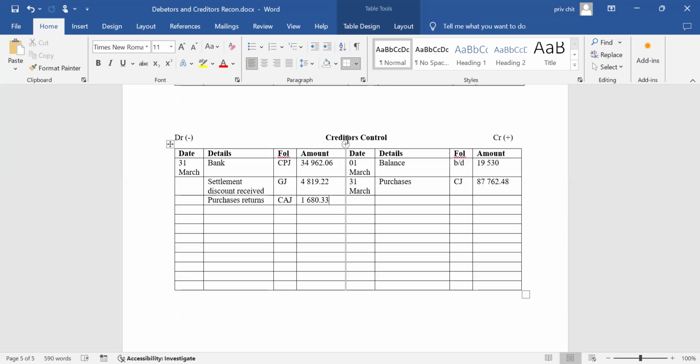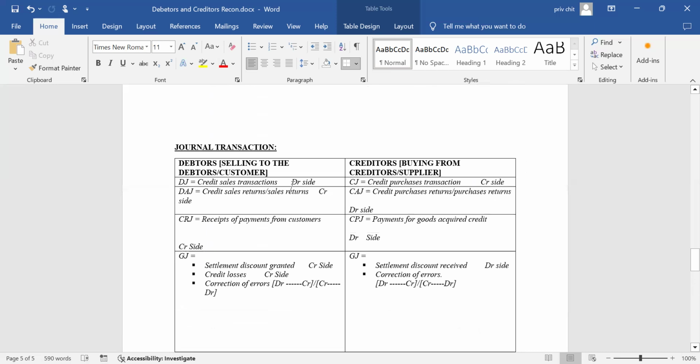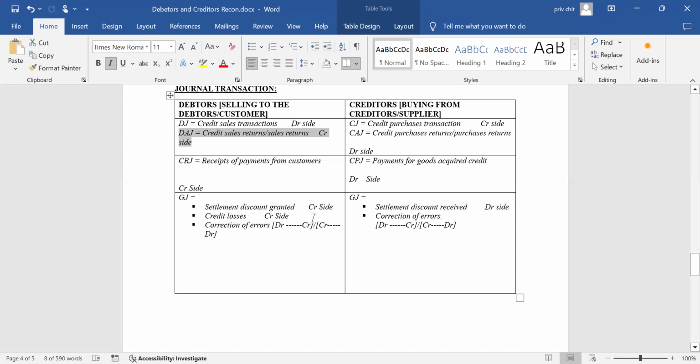Then we go on to the next one. Total of the sales returns in the debtors allowance journal. So it means it's something to do with the debtors control. So anything from the debtors allowance journal is put on which side of the debtors control? The credit side, isn't it?